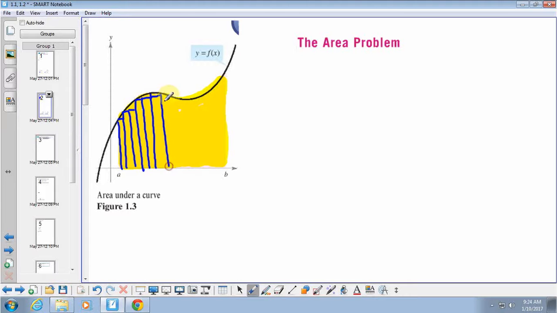Now, doing that will not give us an exact area because there's going to be what? Some space that we don't account for, right? But it gives us a pretty good approximation. This topic here is going to lead us into integration, and that's the second major topic in Calculus 1, okay?